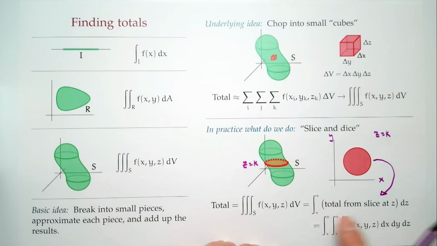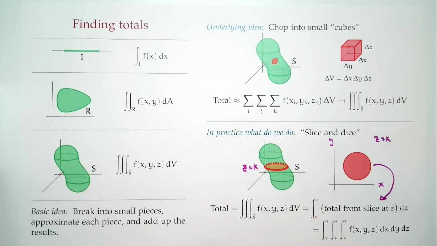I have to add all the slices back together. But how do you find that total? Well, that's a two-dimensional region, and so we just do what we did before. Any level of integration, we're going to rewrite in the form of iterated integrals. When we actually have to find an integral, that's how we're going to do it: iterated integration. So that's our idea.